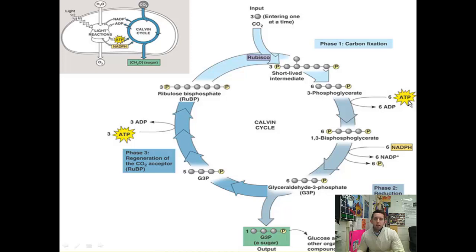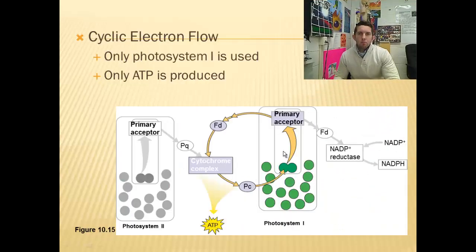So when it's starting to run low on ATP, there's going to be a switch that's flipped, and it's going to move into cyclic electron flow, where the ferredoxin, instead of passing its electrons to NADP reductase to make NADPH, cycles them back to the cytochrome complex to pump hydrogens in to fuel chemiosmosis to make ATP.